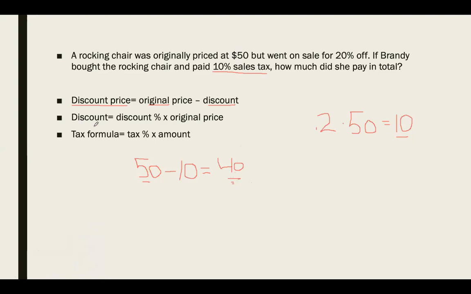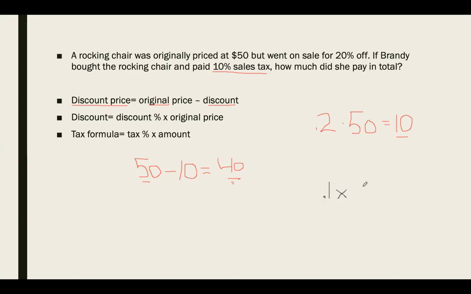So here for the discount formula, we have the discount percentage, or the tax formula, sorry. We have the tax percentage times the amount. So we have the tax percentage is 10%. So we have 0.1, which means 10%. It's the same as saying 10%.